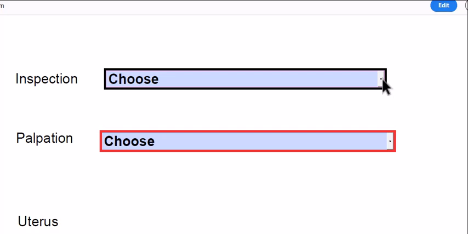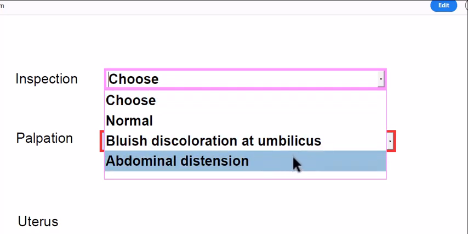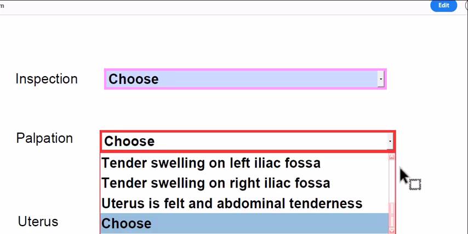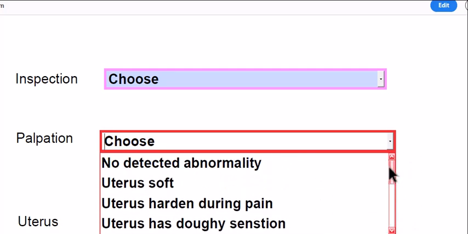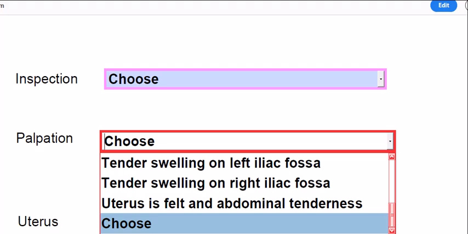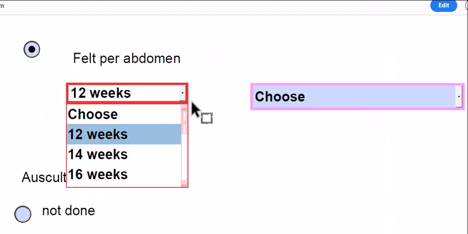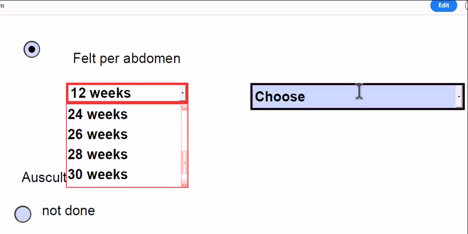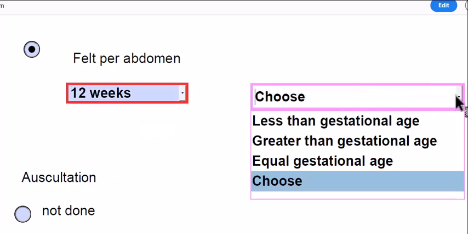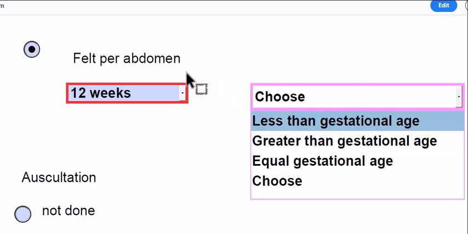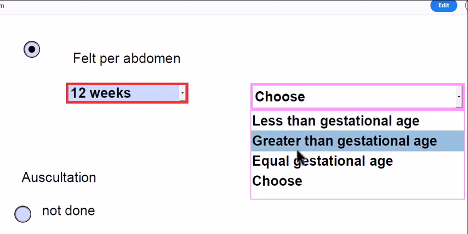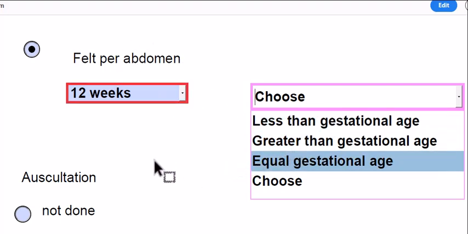On inspection, is there normal color or blue discoloration, abdominal distension, or does the patient have any tenderness in the iliac fossa, and is the uterus felt or not. If felt, we can determine how many weeks, and then we have to determine whether the size of the uterus is less than the gestational age or greater than or equal to the gestational age.